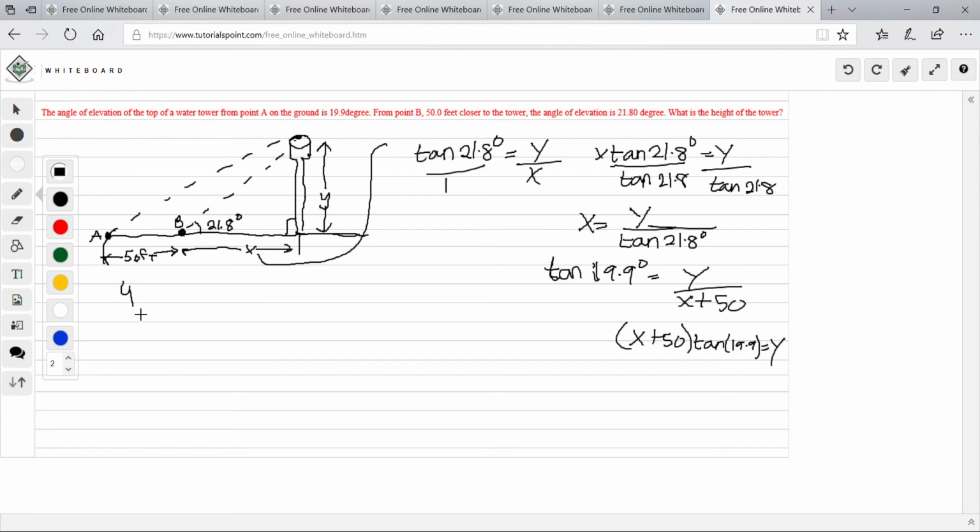So y equals y divided by tangent of 21.8 plus 50, times tangent of 19.9 degrees.